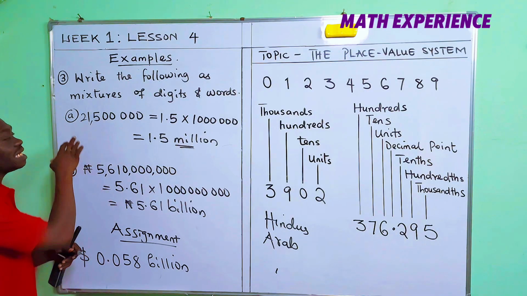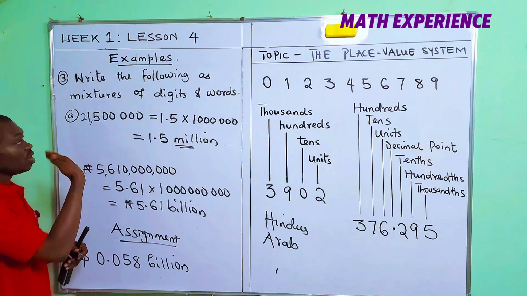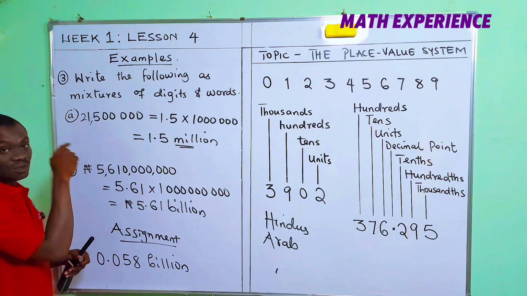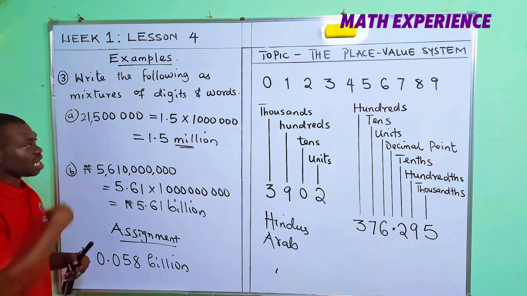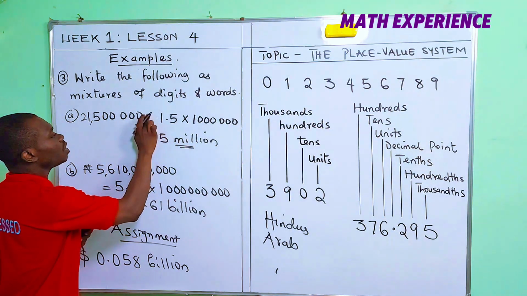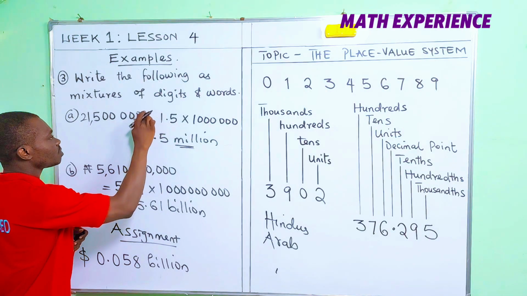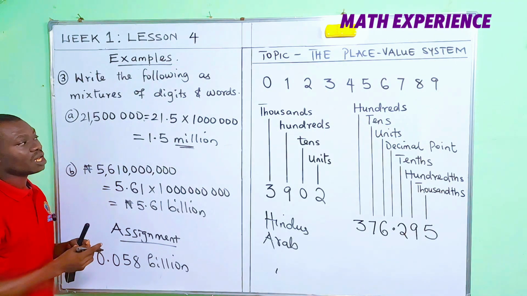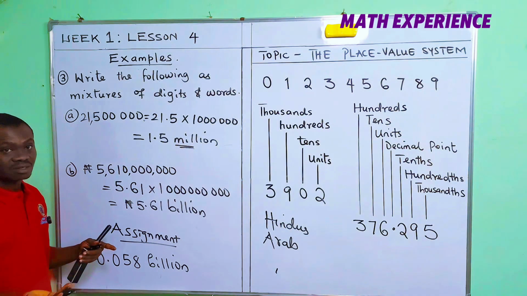Okay, so if it is in tens, then after the first two digits, you can put your decimal point, and this is going to become 21.5 million. Okay, that's okay.